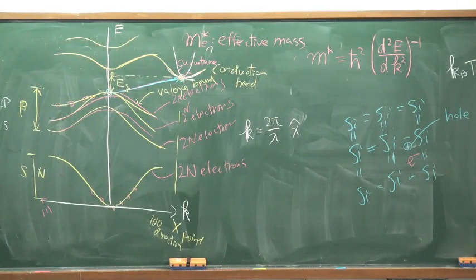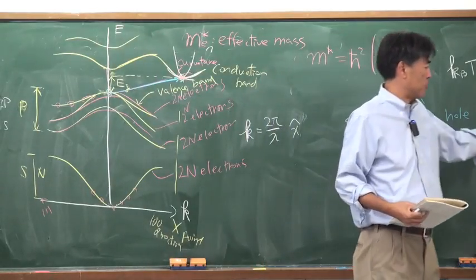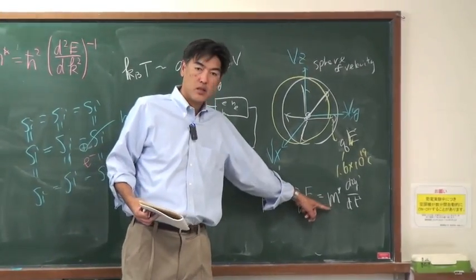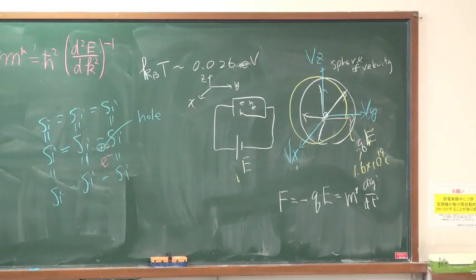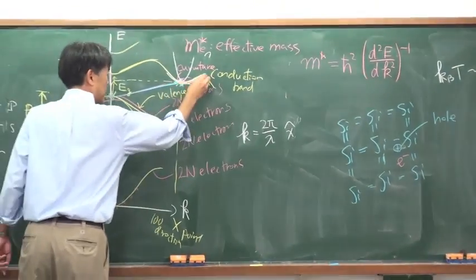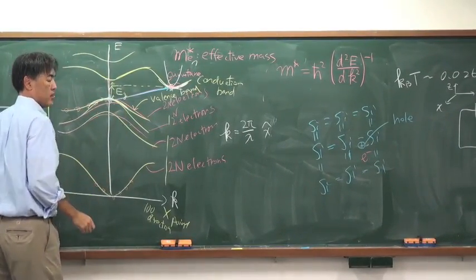Then, of course, the lighter the mass, the easier the electrons move around. So with the same electric field, the electron moves more because of this small effective mass here. And then also, effective mass of the electron is this way. Effective mass of hole is this way.